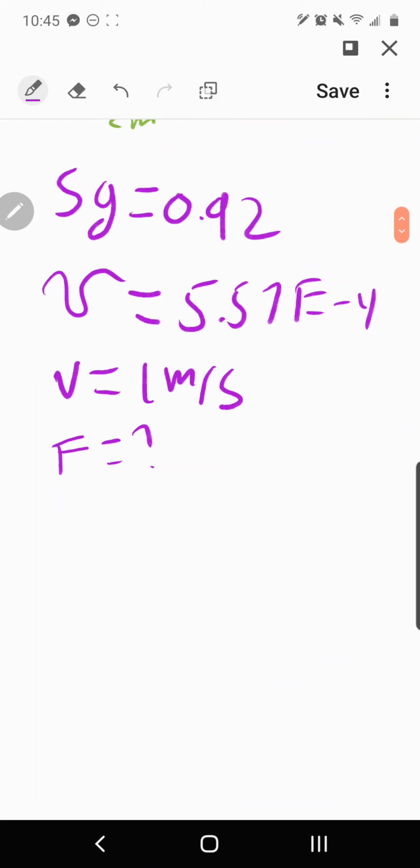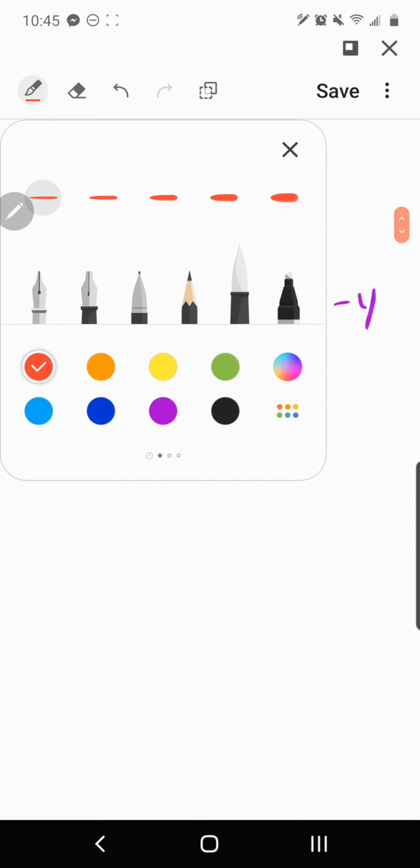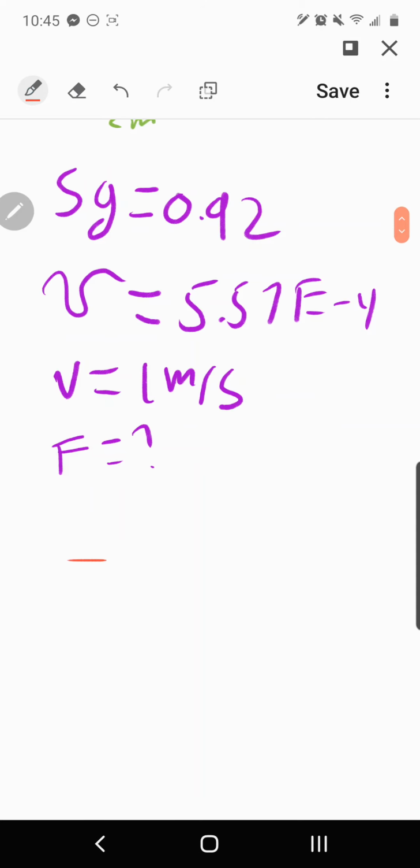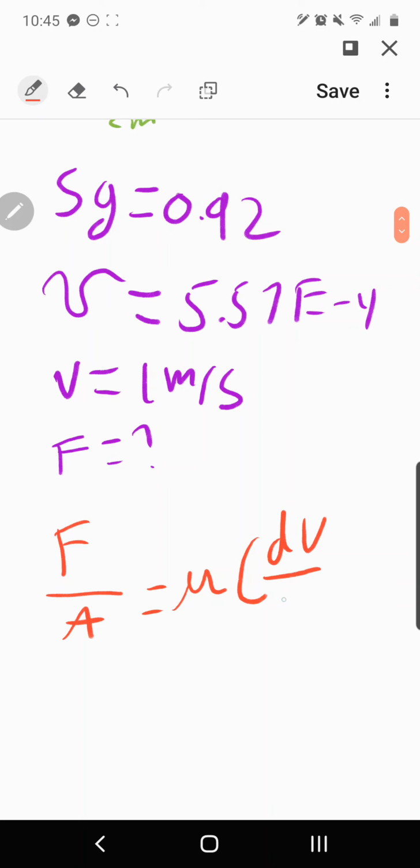There's not necessarily a specific name for this equation, but it relates force over area to dynamic viscosity times change in velocity over change in y. Y could be the radius or diameter.